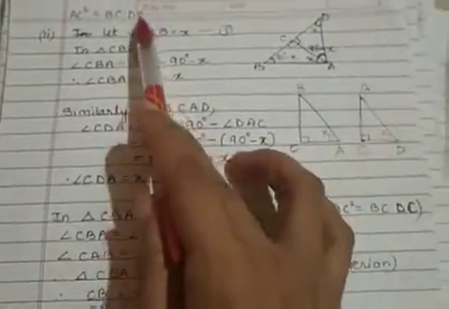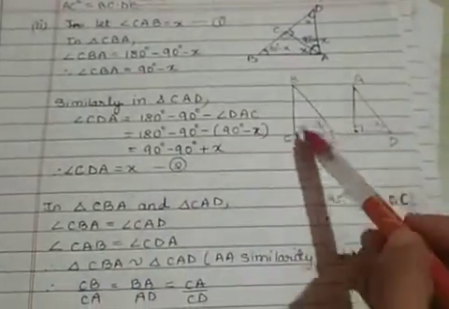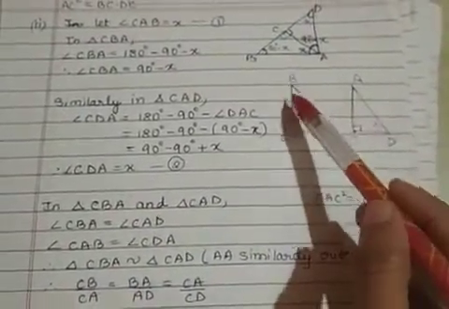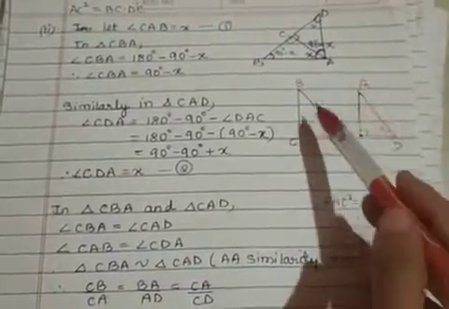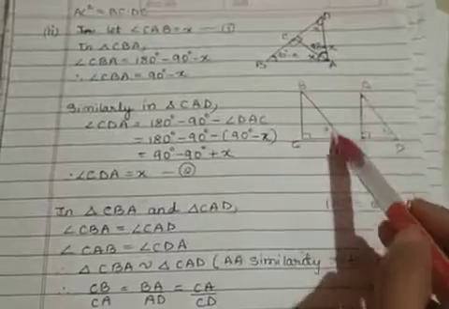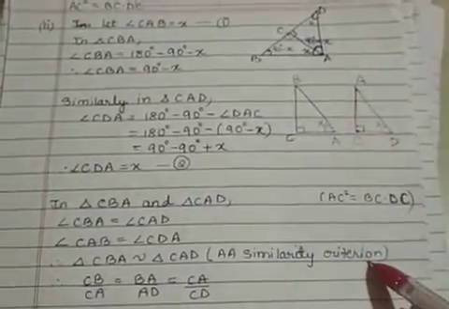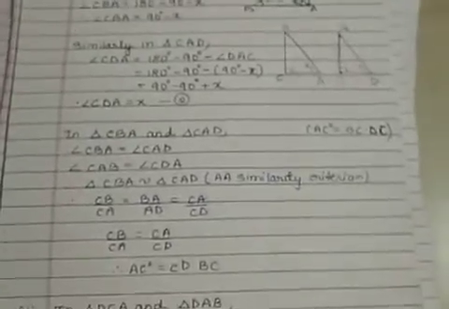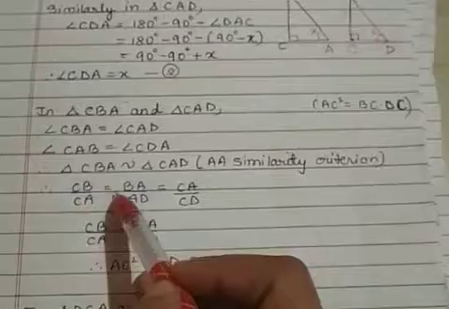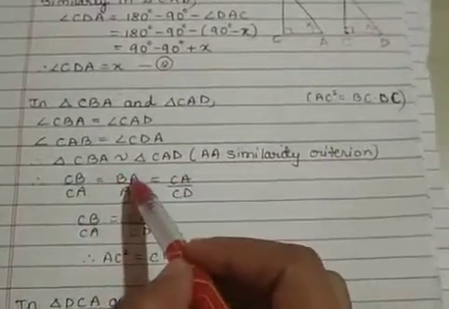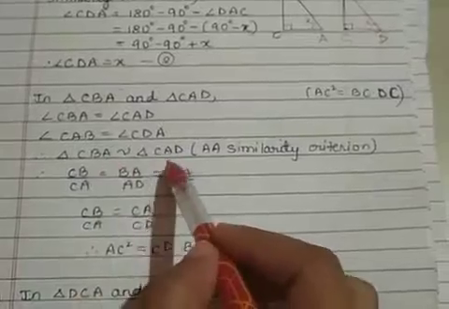We have shown that they are x. So now I can say that the two triangles are similar. Yes, triangle CBA is similar to triangle CAD by AA similarity criterion. So the corresponding sides are proportional. So CB upon CA is equal to BA upon AD is equal to CA upon CD.